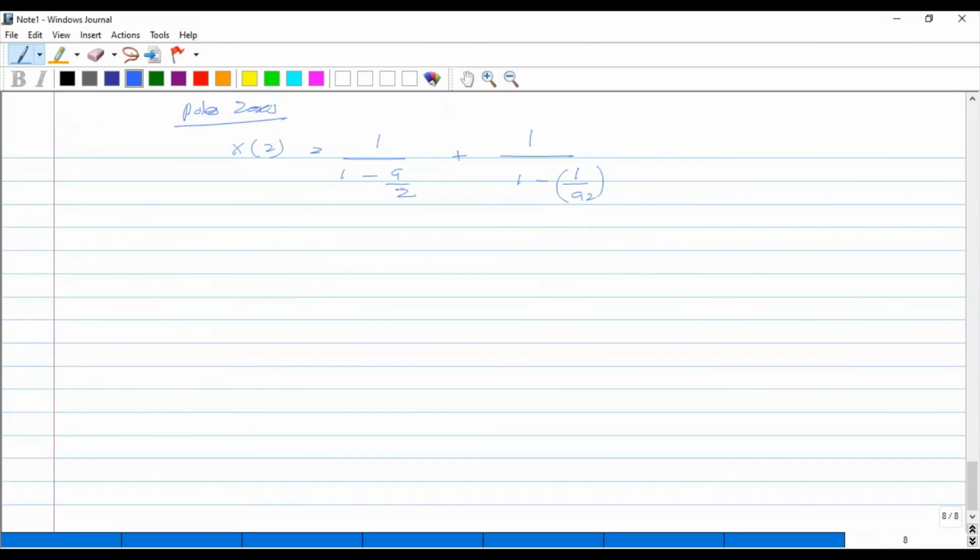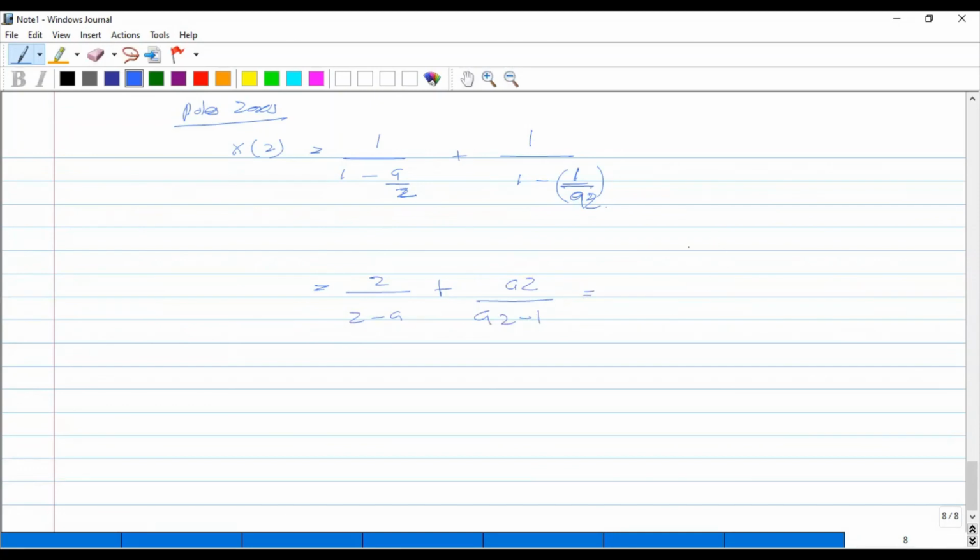Before that, this is A by Z, and this is 1 minus A Z. If I further simplify this, taking Z as the common denominator for both terms, I will have 1 over Z minus A, and this Z will go up, so Z over Z minus A, plus in the same way A Z will come, so here A Z minus 1. These two terms I will get.